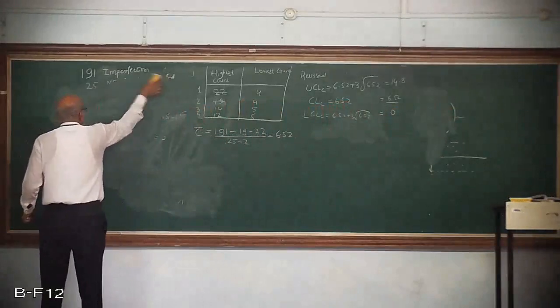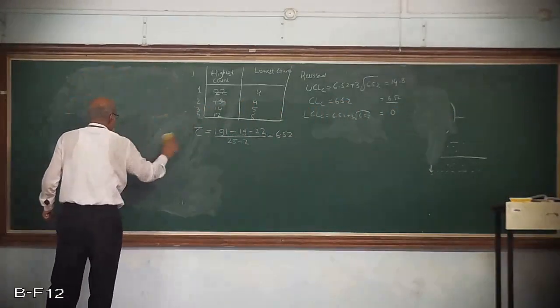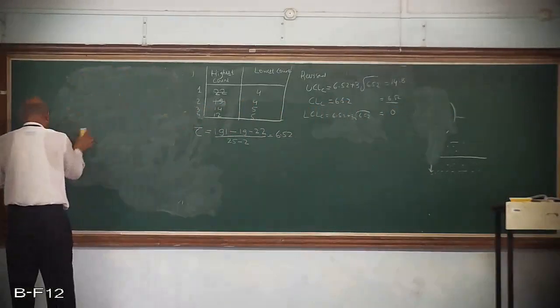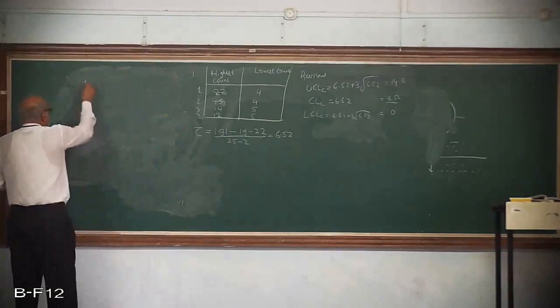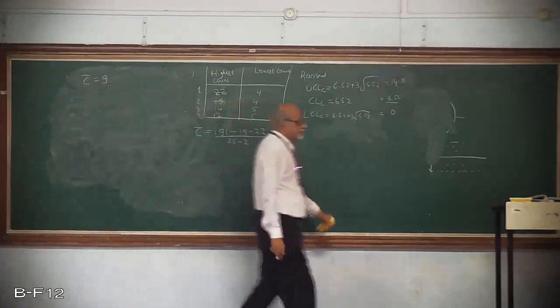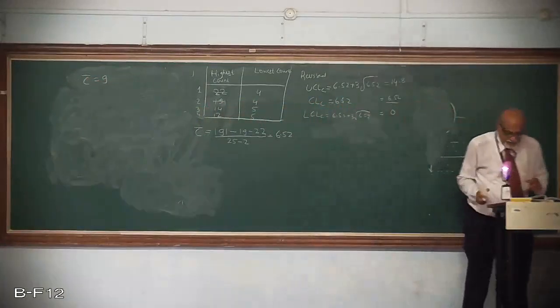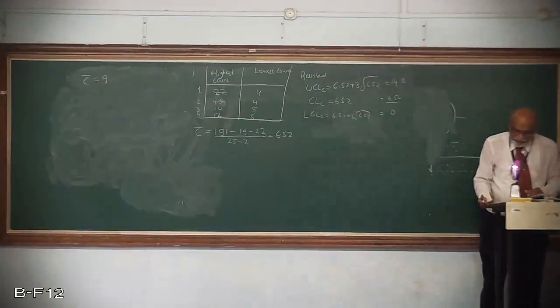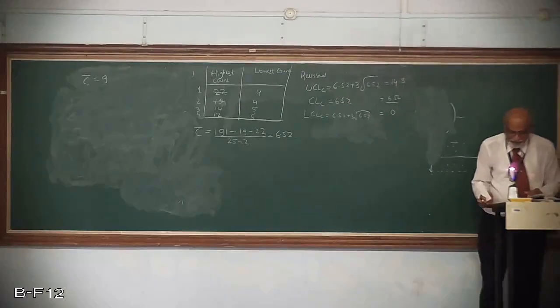So all the values he has given. C bar he has given as 9. Determine the control limits for the C chart. He has given the C chart.